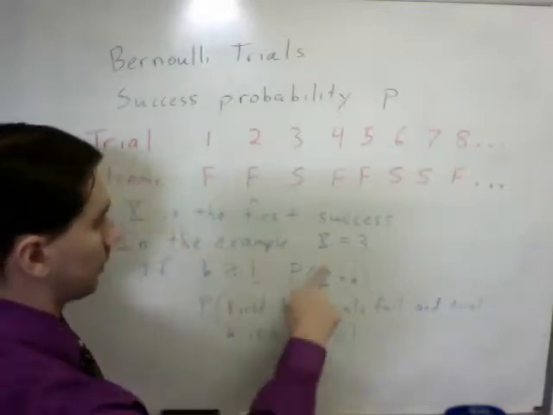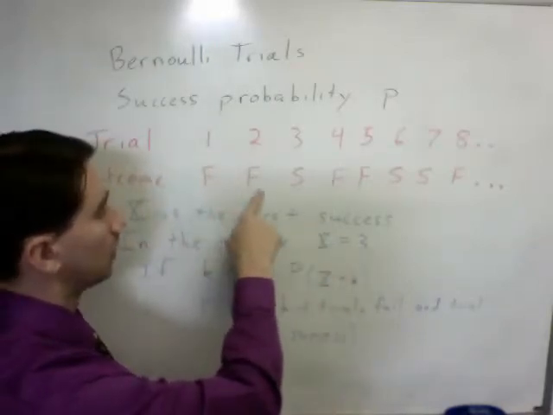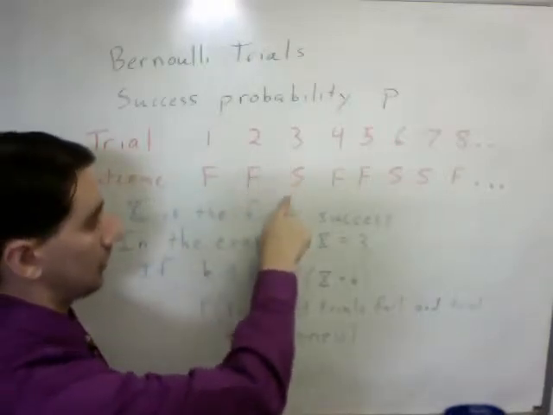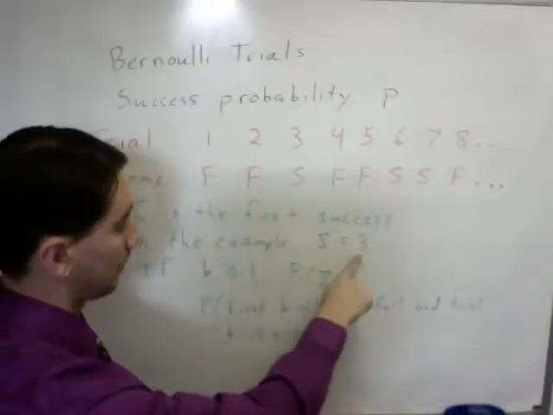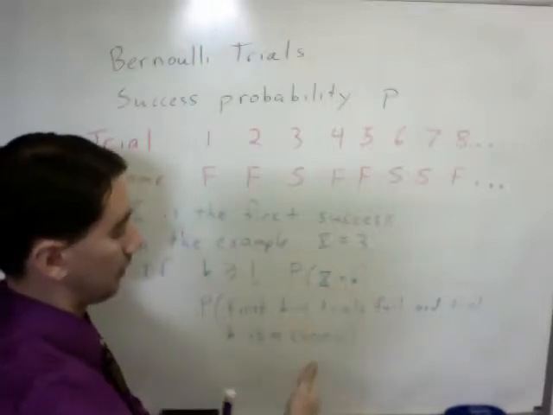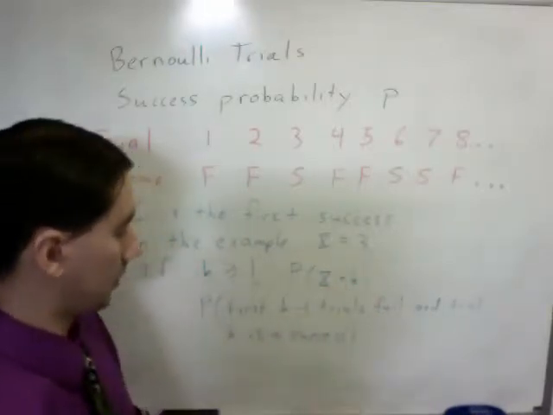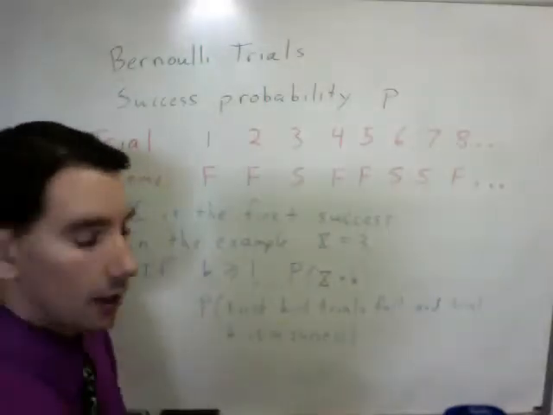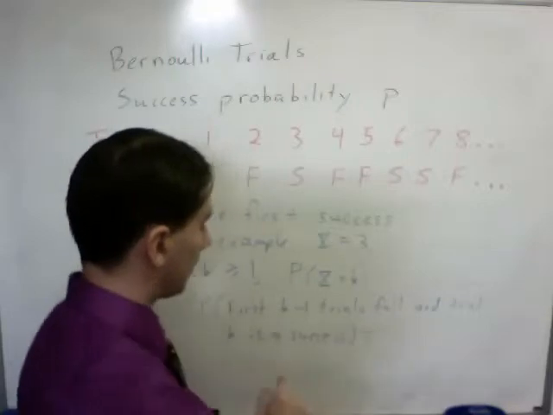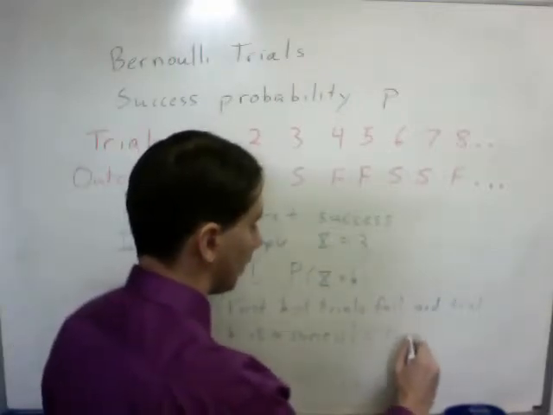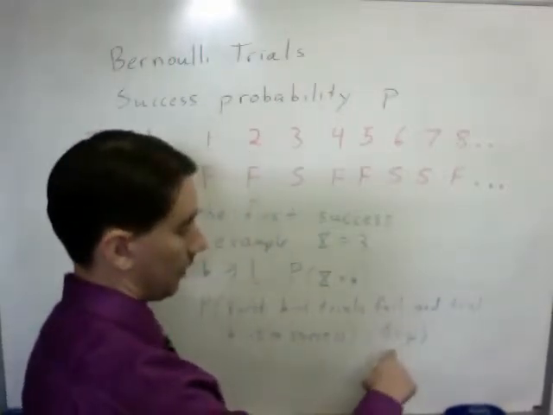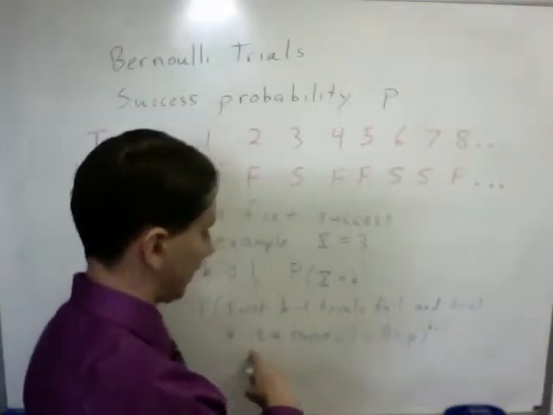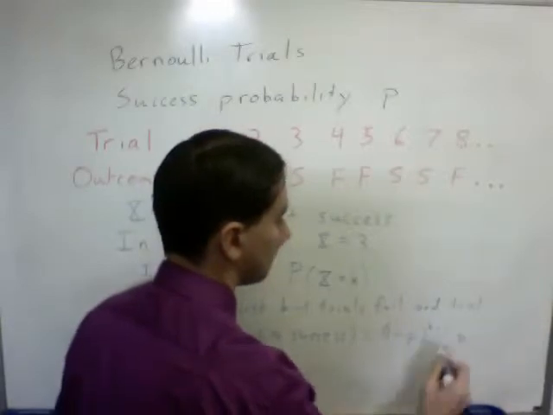For x to equal 3, trials 1 and 2 must both fail, otherwise x would have been 1 or 2. Then 3 has to be a success, and that's the only way that x equals 3. So for x to be k, we have k minus 1 fails in the first k minus 1 trials, and trial k is the only success. Because these are independent trials, it's going to be 1 minus p, the probability that they fail, to the power k minus 1, and then we multiply by a p for the one success.